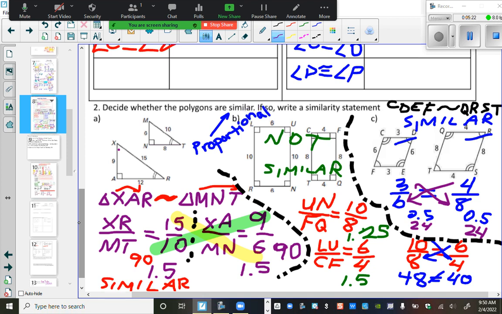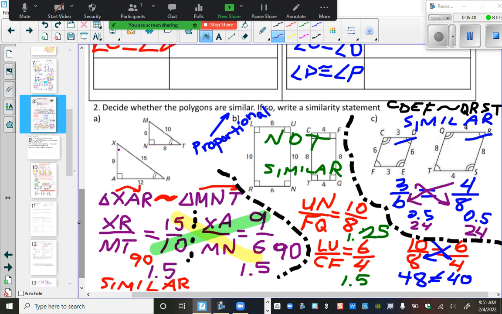And you need the same ratio or the same cross product. If it's proportional, then you have two similar figures. But remember, you have to check at least two sides or two angles. If the proportions don't match, just like the second example, then it's not similar.